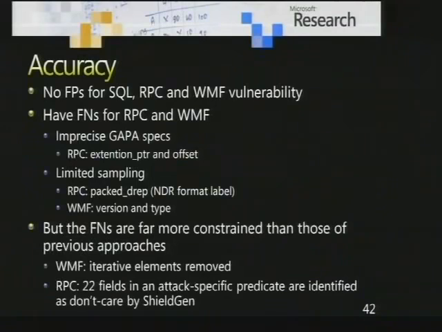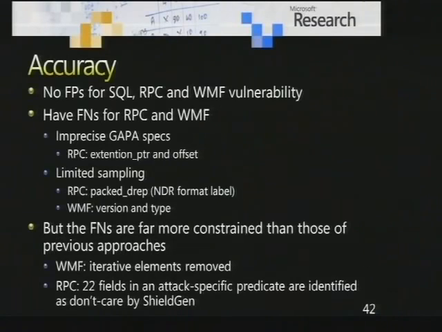But compared with previous systems, Shieldgen has far fewer false negatives. For example, we can remove iterative records and irrelevant records in WMF. What we find is that you only need one record and one arbitrary record. That's only the two conditions.